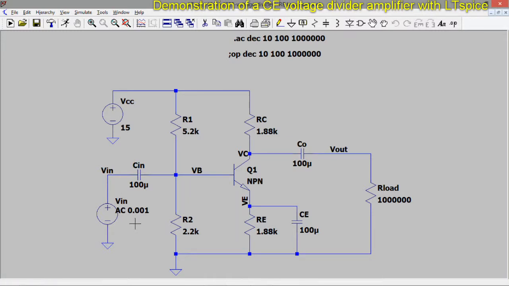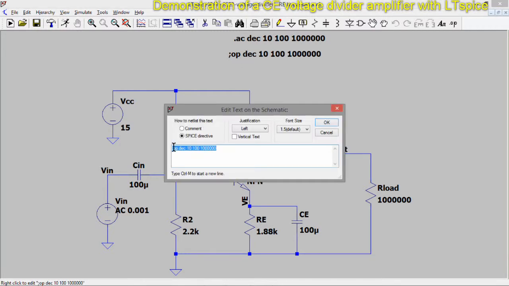I've chosen the input signal to be 1 millivolt, because I don't want something big. And just so the circuit can run, I've put R load very big, like 1 mega ohm. So let me run the simulation. This will run now in AC. Let me run it first in DC so that we can check that IC is correct.